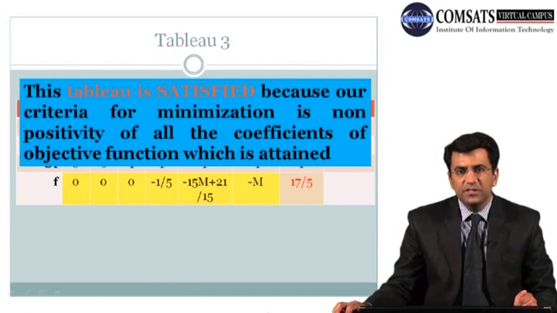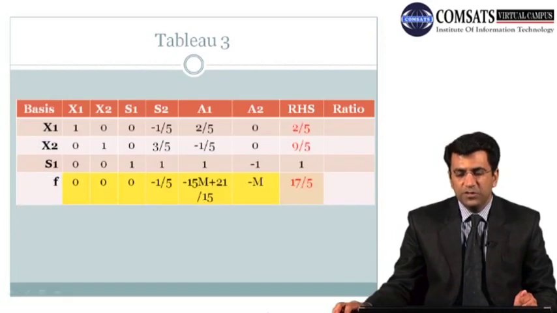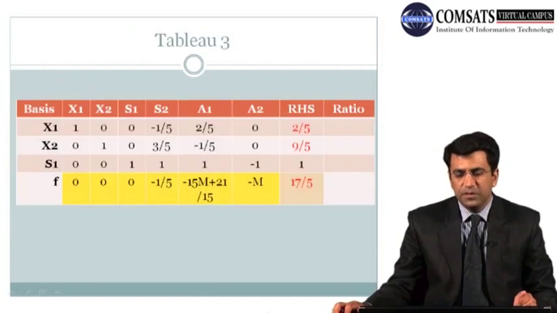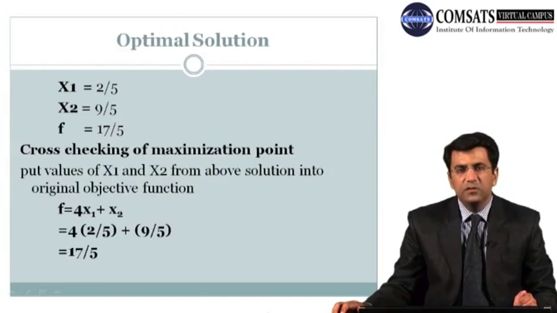So in this fashion we have the optimal solution, and if we put x1 equal to 2 by 5 and x2 equal to 9 by 5, which are taken from this particular table, and put these values in our objective function, we get the objective function as 17 by 5. So this is the maximum value of our objective function, and there is no other alternative through which we can maximize our objective function.